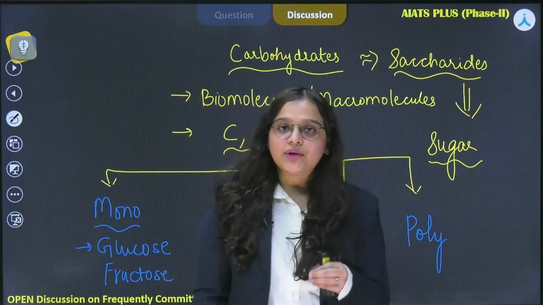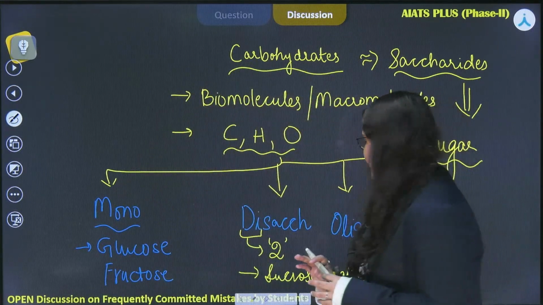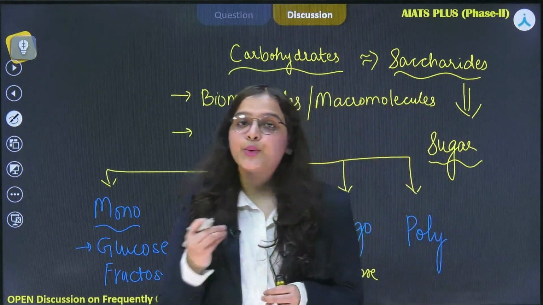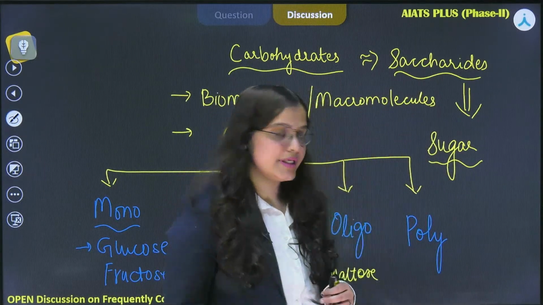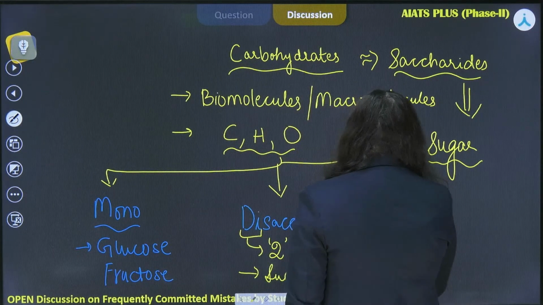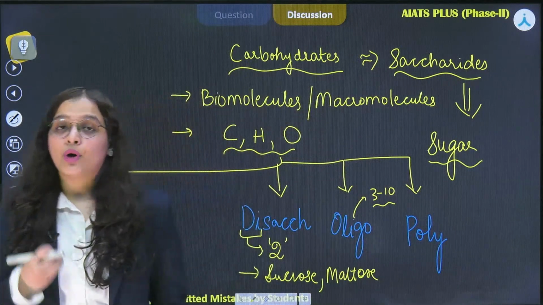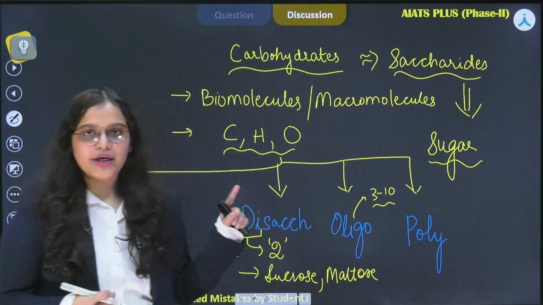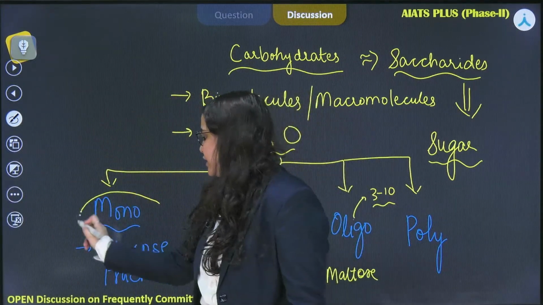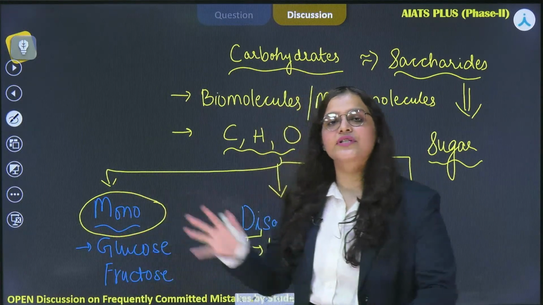Coming to oligosaccharides, when we perform hydrolysis, around 3 to 10 molecules of carbohydrates will be obtained. So basically oligosaccharides are carbohydrates composed of 3 to 10 molecules of carbohydrate, whereas monosaccharides will not be hydrolyzed, because obviously it is made of a single molecule.